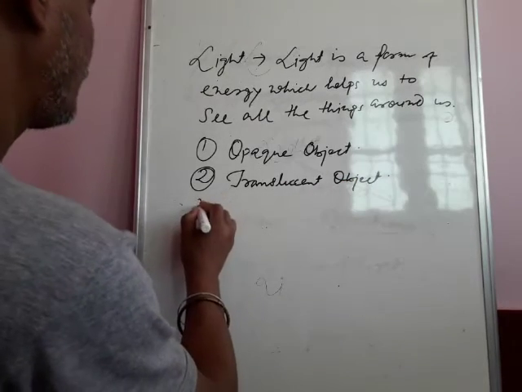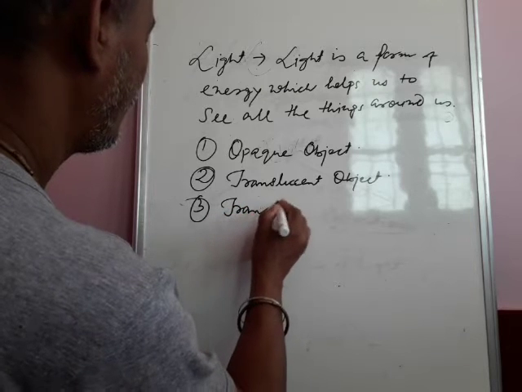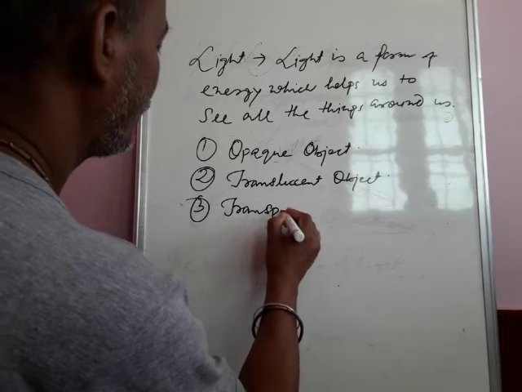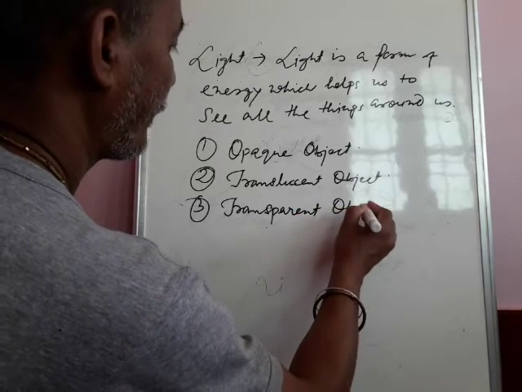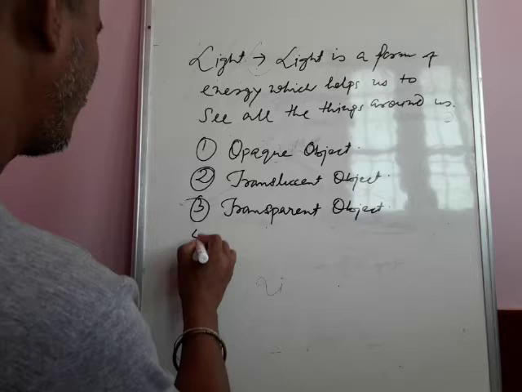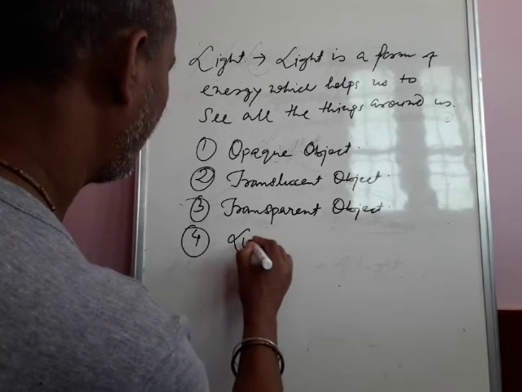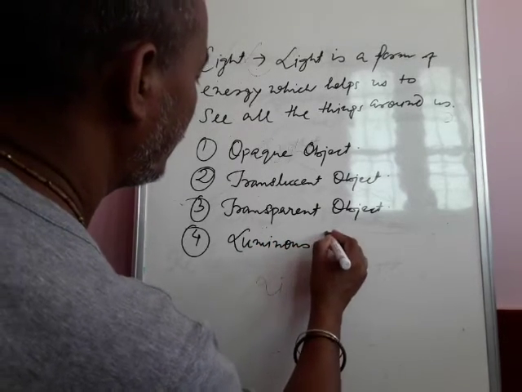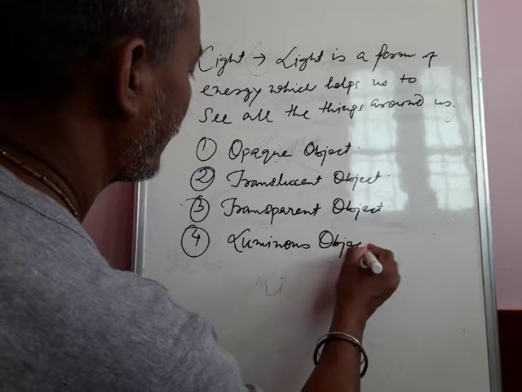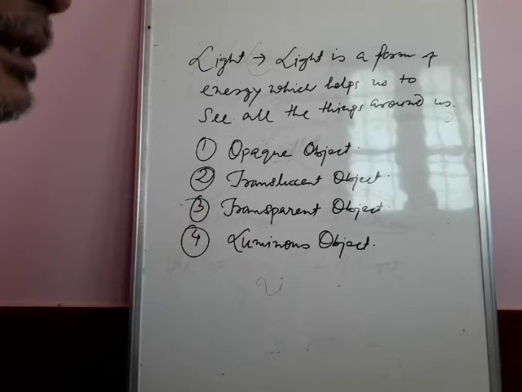The third is transparent object. Fourth, luminous object. These are some very important terms which we need to know before we get deep into the lesson.